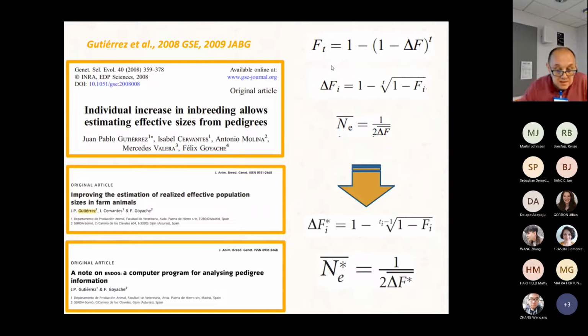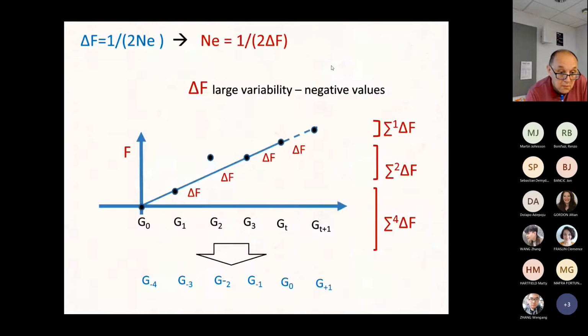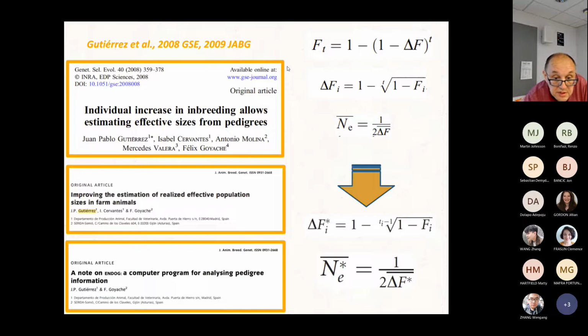He started actually from this formula, but another formula, which he said would try to calculate delta F. So what was the idea in his method?